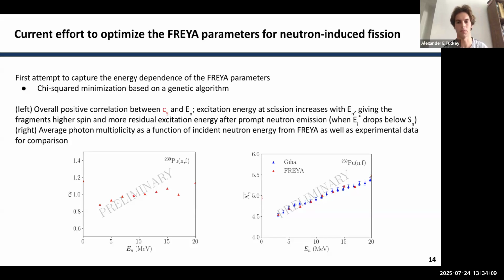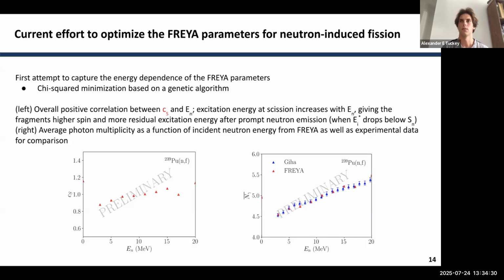So I have some preliminary results of this optimization on the slide here. On the left, we see a positive correlation between the CS parameter and the incident neutron energy for plutonium-239.